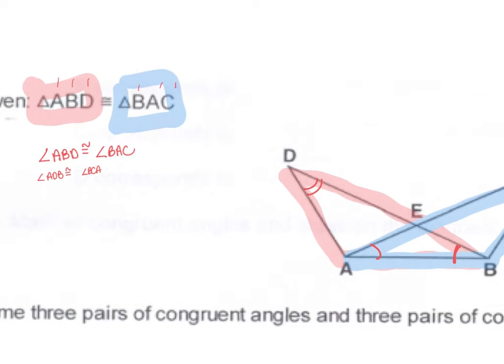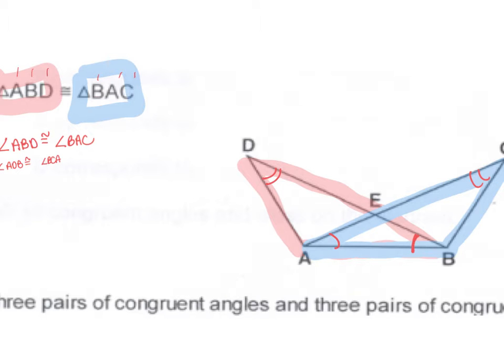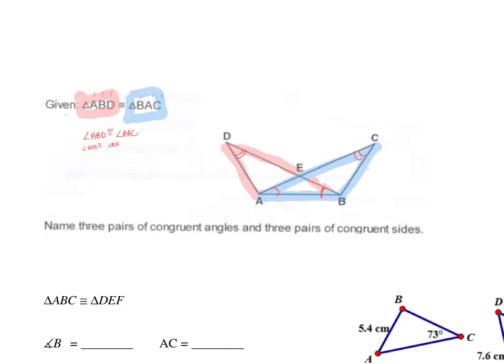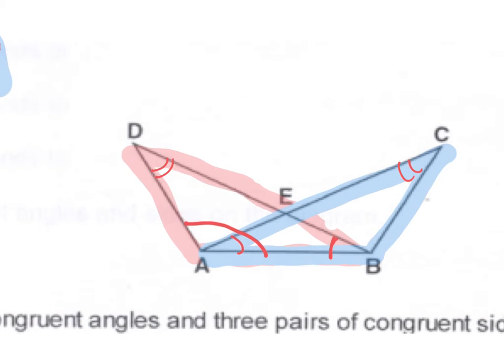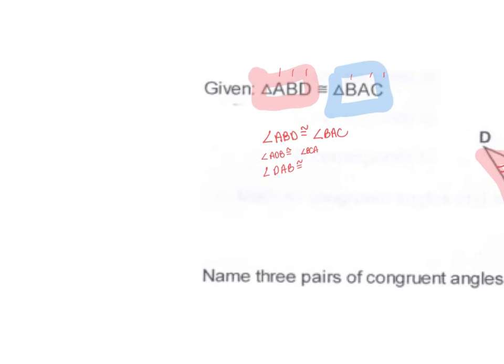And then last but not least, which angle am I missing? And then I have my whole angle. So I can say angle DAB congruent to my whole angle over here, CBA.